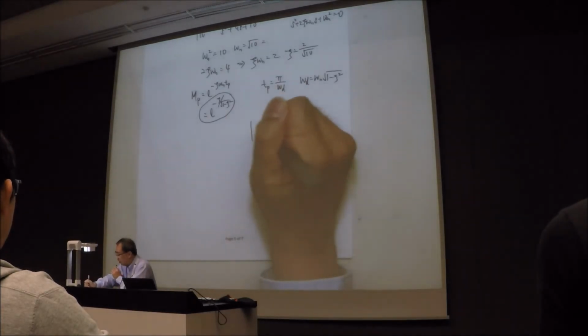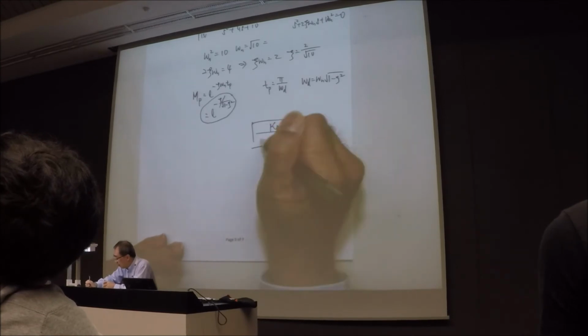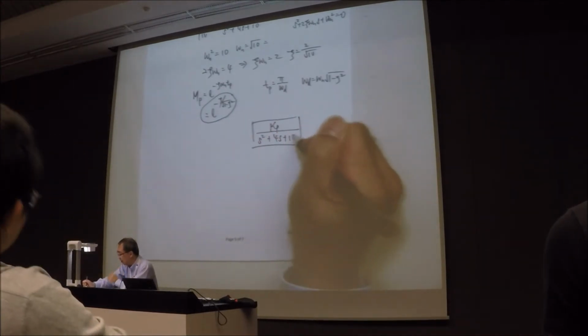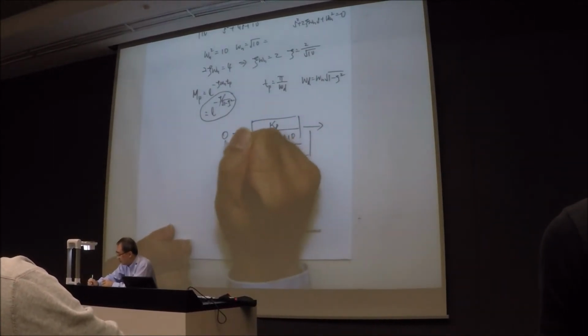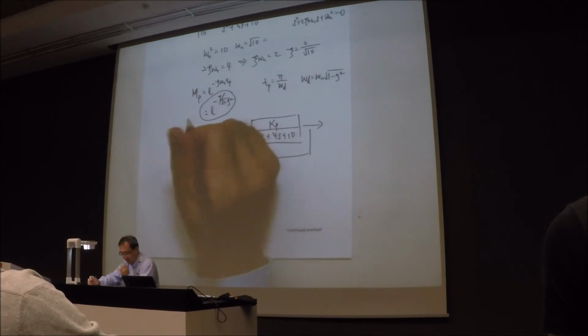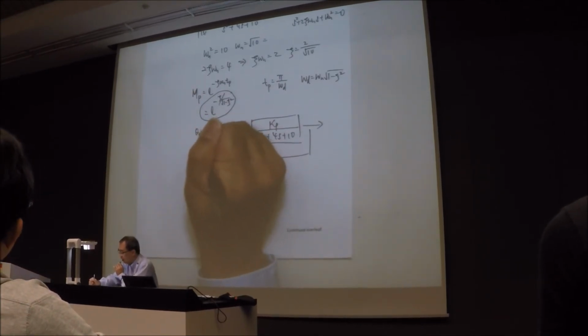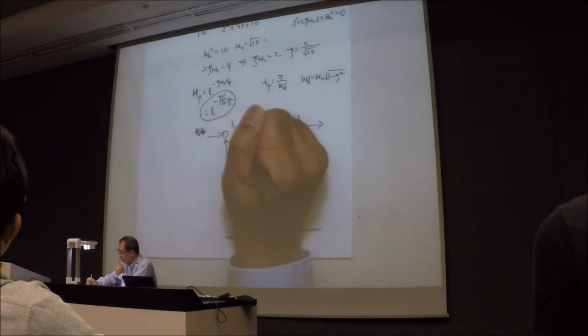Okay, so now we're looking at this: Kp divided by s squared plus 4s plus 10. So we need to work out, this is a case of your theta R(s). This is your Es.